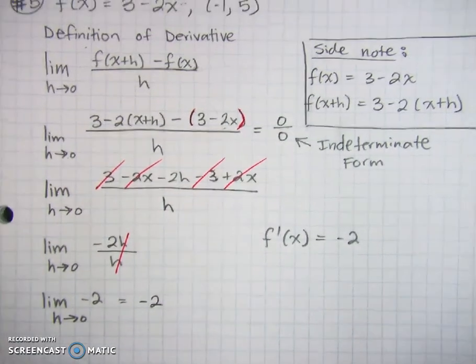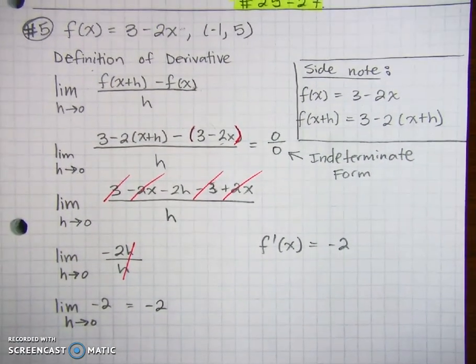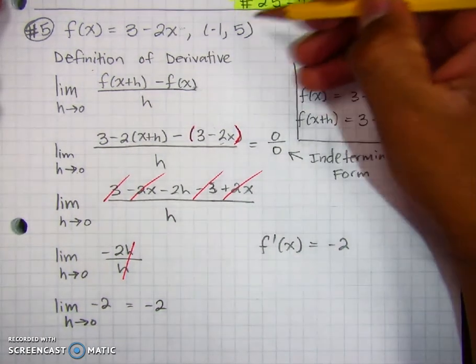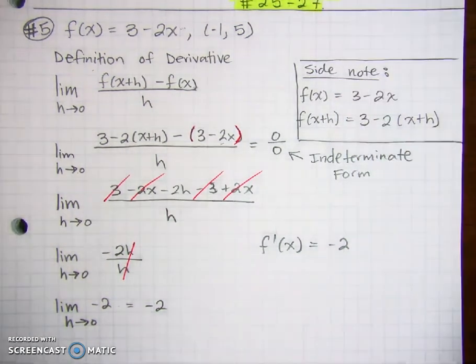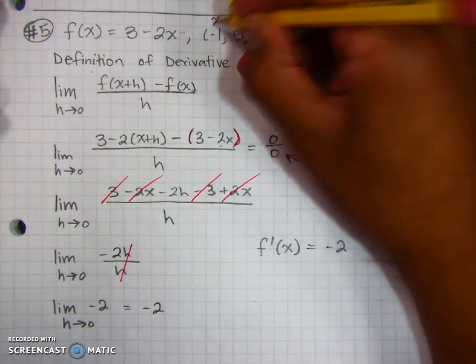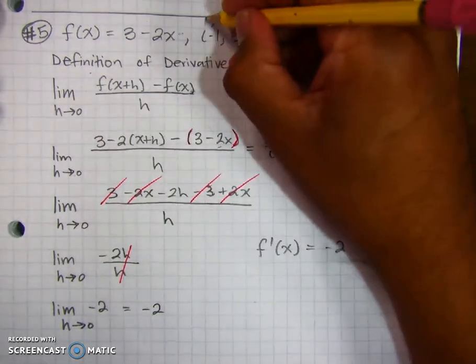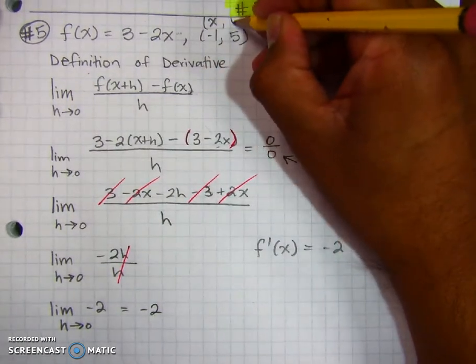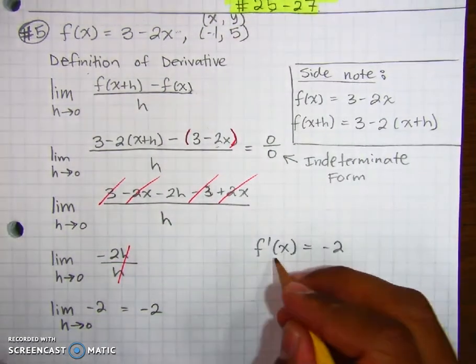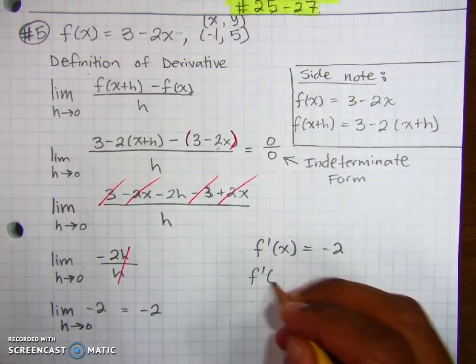So we started off with a point negative 1, 5. And what we do with that point is we take the x value. We know that in the ordered pair we have x comma y. So the x value is negative 1, and we plug it in to the derivative.